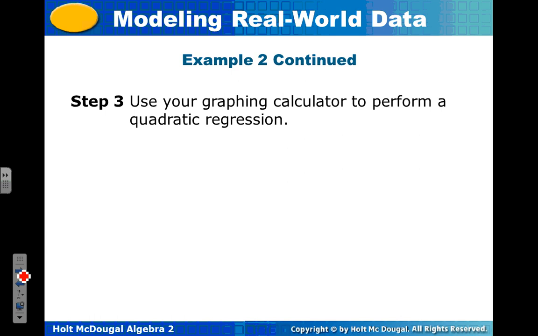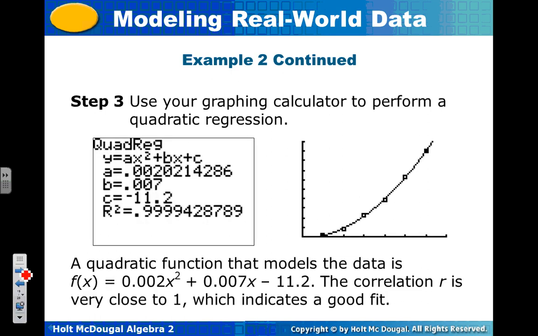Now, the next thing you would do is press Stat again. Go right one to Calc. And we said this was quadratic regression, so we'll go down to number 5, hit Enter. Go down to Calculate and hit Enter. And what you're going to see is all of these items on your screen. Y equals ax squared plus bx plus c.